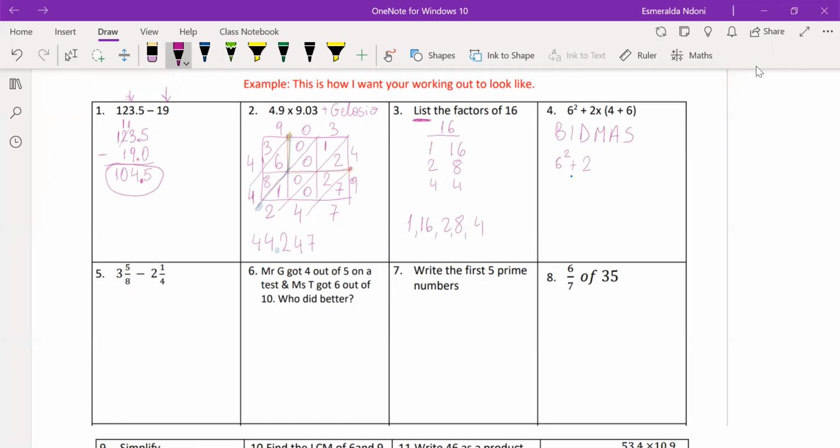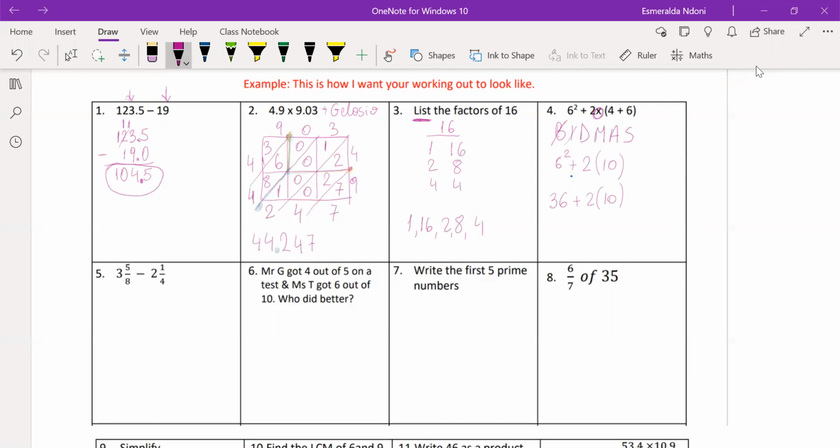I have 2 lots of, this means multiplication, but I'm going to do brackets first. 4 add 6 is 10. So I've sorted the brackets. Next thing is indices. So that's an index. 6 squared is an index. So 6 times 6 is 36 plus, and I leave everything else as it is.